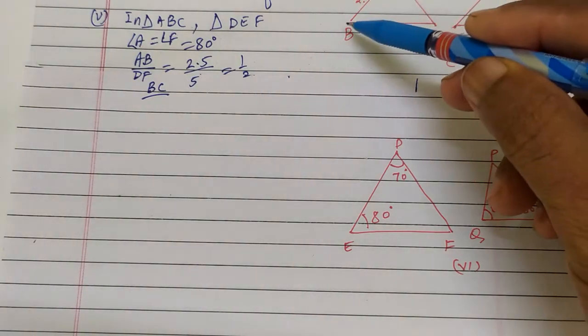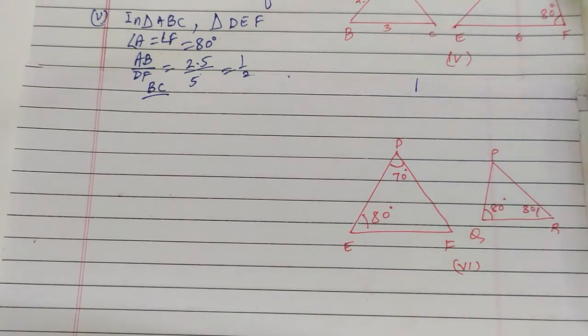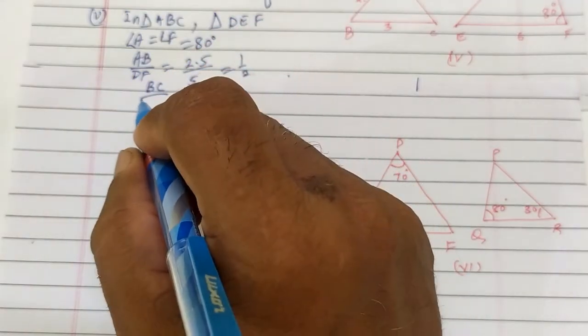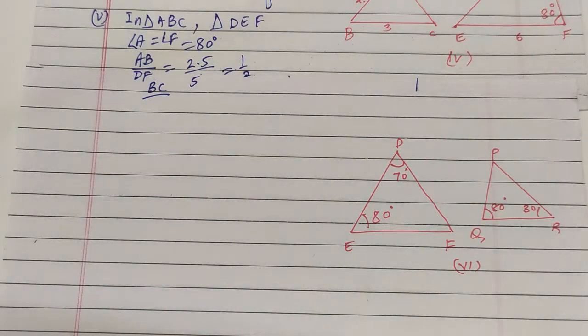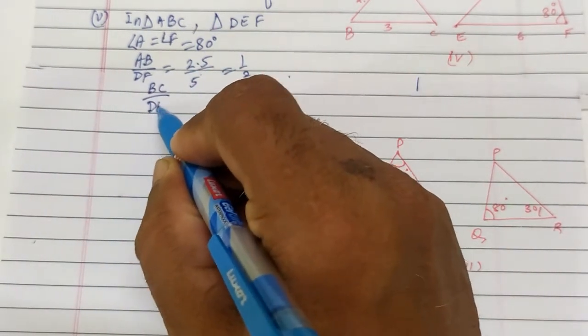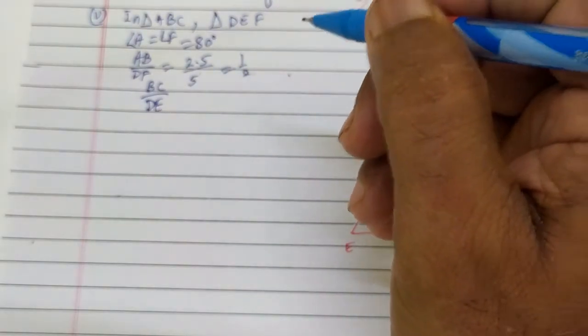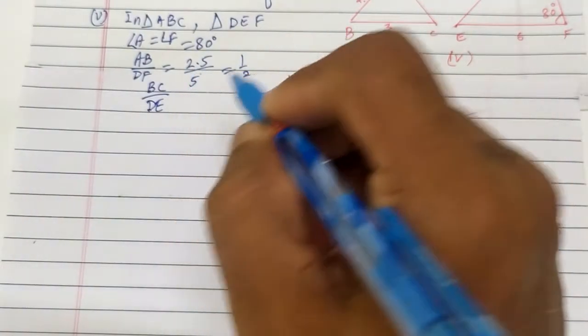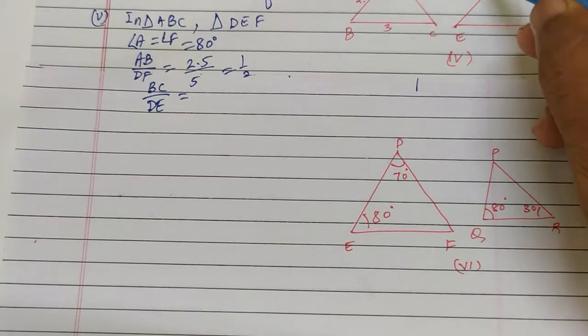If you take BC after 2.5, it is 2, after 5 it is, so it is not possible, because this angle is, you can say, DEF. There is no number given here for DE.